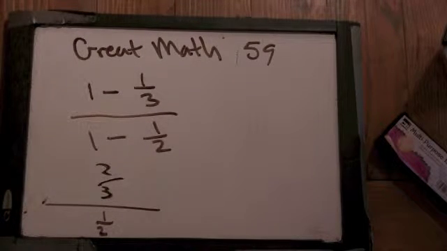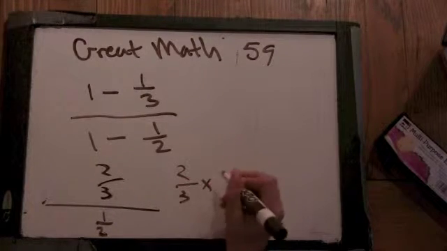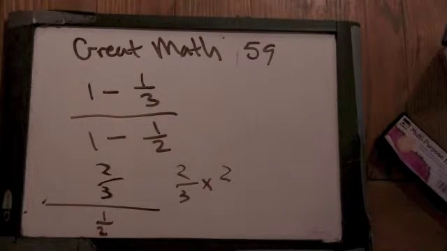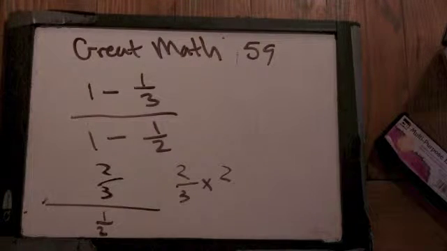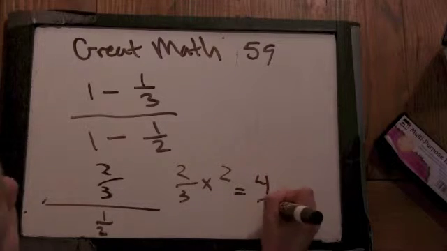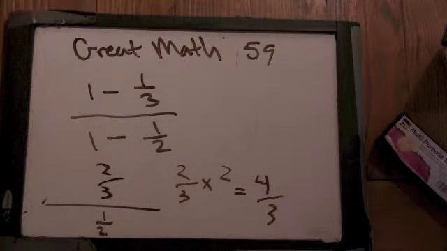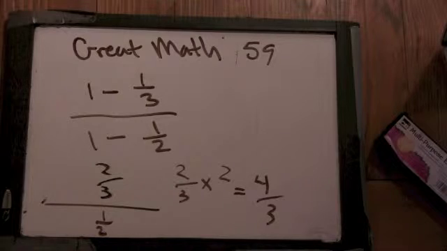So you would do 2/3 times 2, because you flipped 2 over 1, which is 2. Then you get 4/3, which is choice E, 1 1/3. And is choice E correct? Yes. E is right.